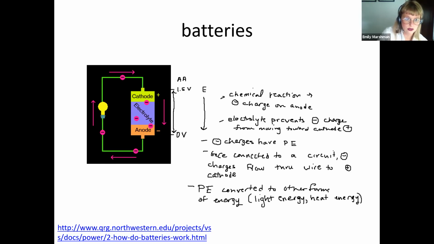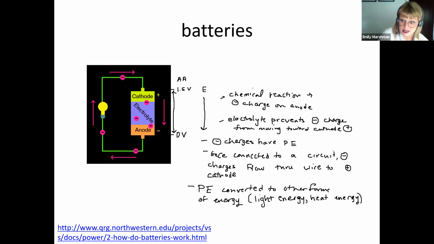They couldn't do that before, right? They couldn't flow back like this because the electrolyte stopped them. Now, once I connect it to a circuit, the charge can flow. And this process continues continuously.